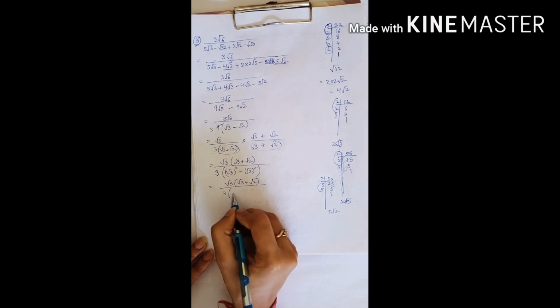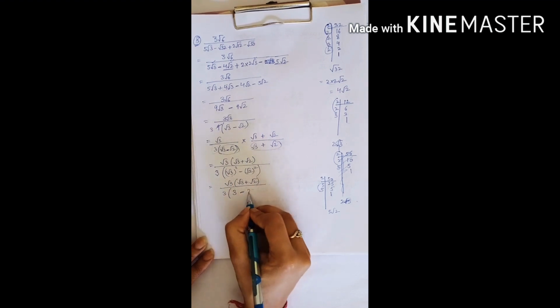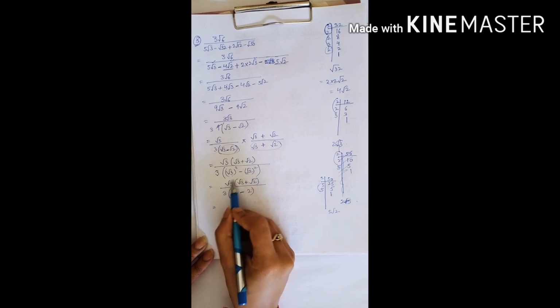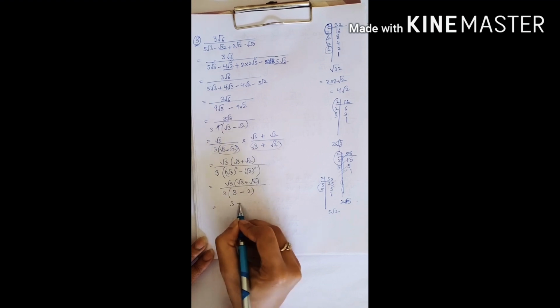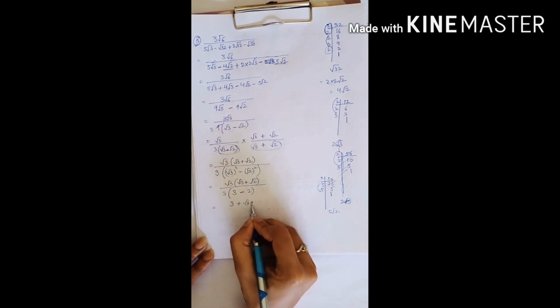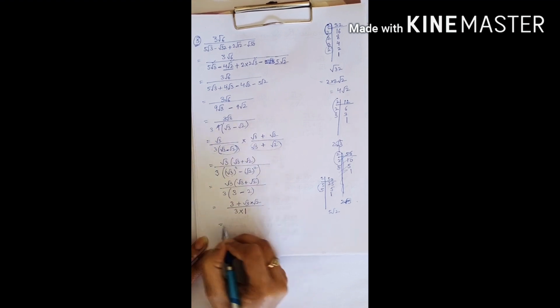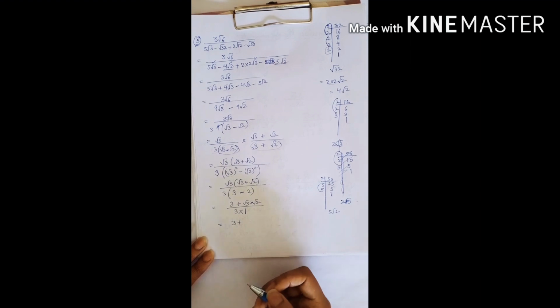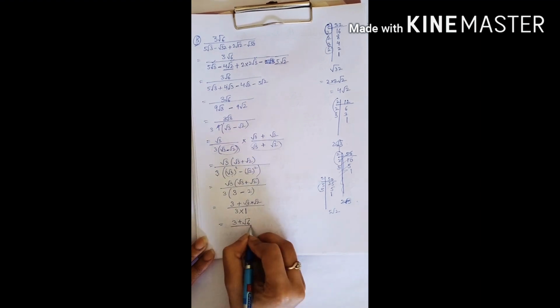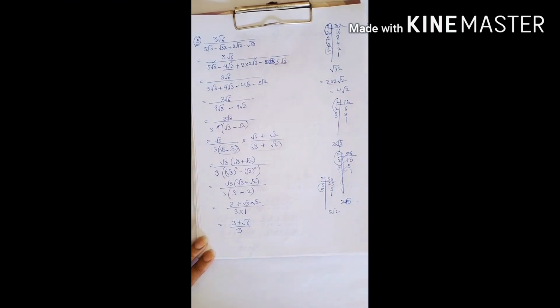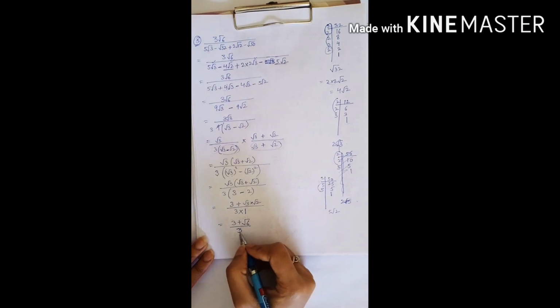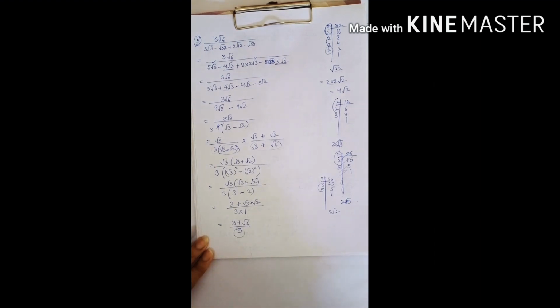Root 3 square is 3 minus root 2 square is 2. And we will multiply it. Root 3 into root 3 is 3 plus root 3 into root 2. 3 into 3 minus 2 is 1. Root 3 into root 2 is root 6, divided by 3. Okay, now here in the denominator the number is a rational number, which is not an irrational number or a number in the square root. So this is the answer, the final answer.